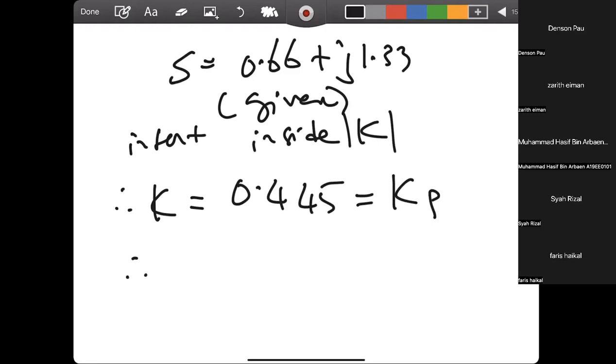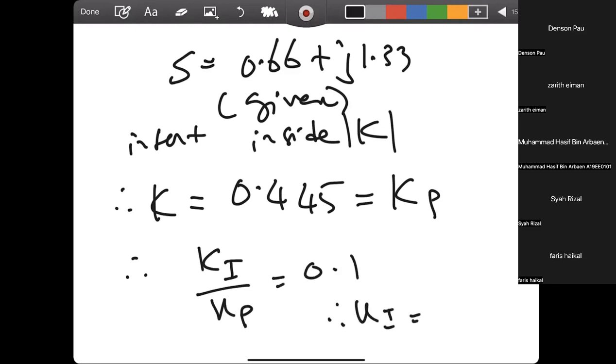But we know that Ki over Kp, that we defined just now, is equal to 0.1. So Ki is equal to 0.1 times Kp, which is 0.0445.